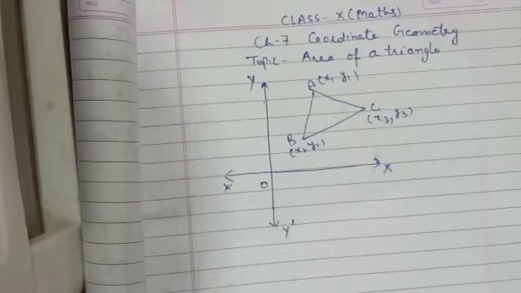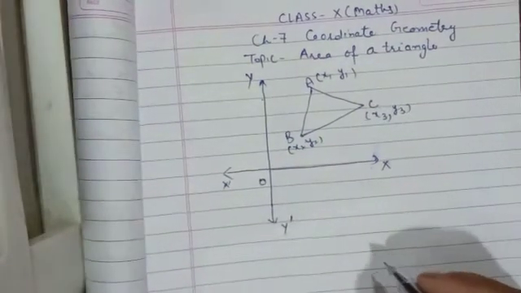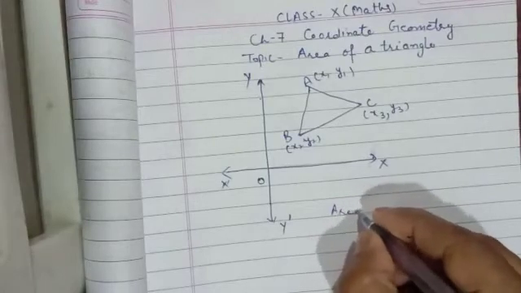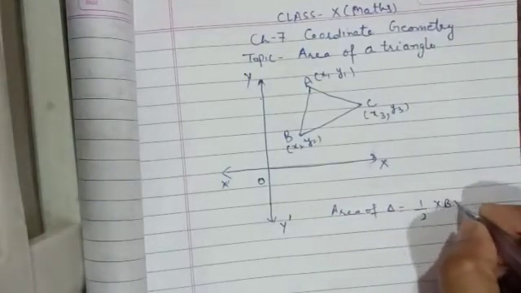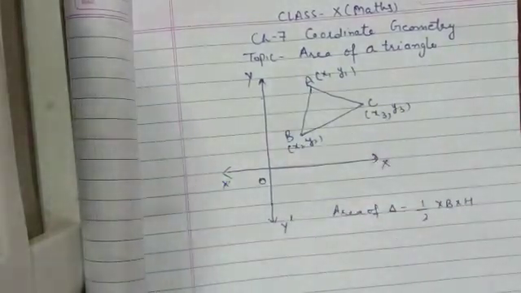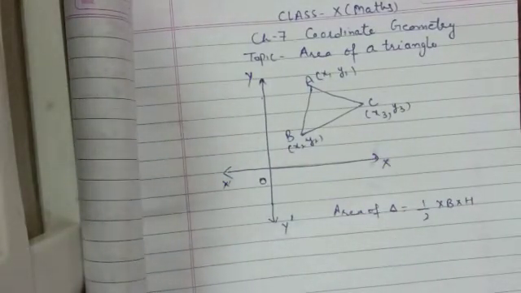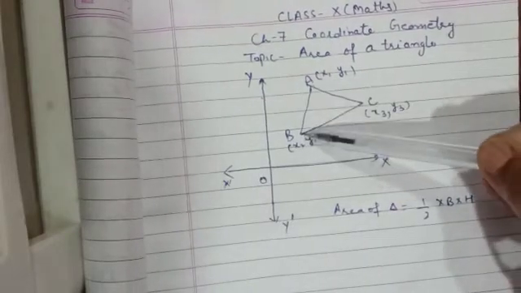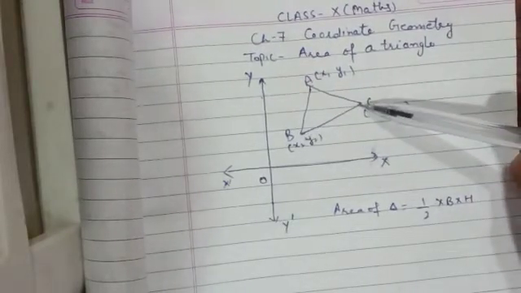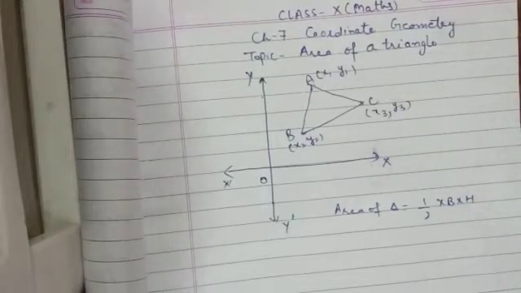If three coordinates of a triangle are given in a Cartesian plane, how to calculate its area? You already have done the formula to find the area of a triangle, that is, area of triangle is equal to half into base into height. The same formula we are going to apply to find the area of a triangle if the coordinates of three vertices are given in the Cartesian plane.